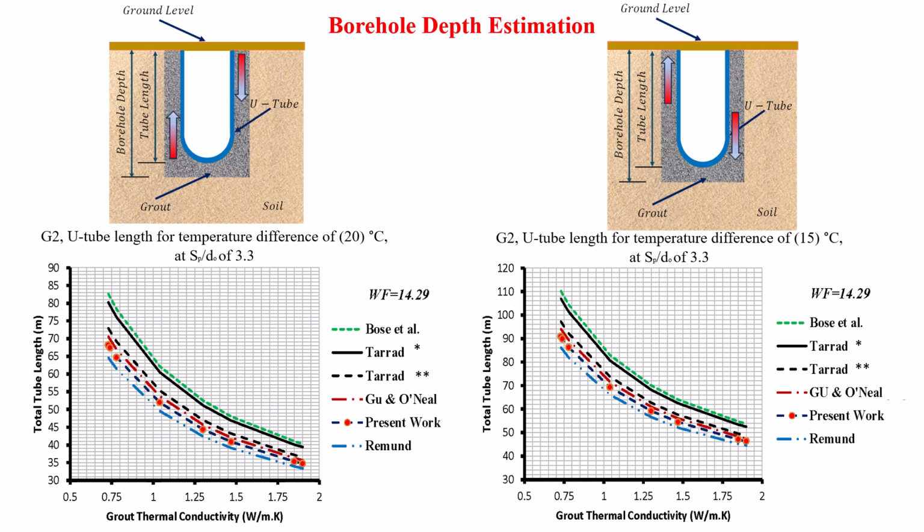And in this example, we have found that the highest length for a specific value of temperature difference was obtained by both Etal and the lowest was predicted by Raymond.